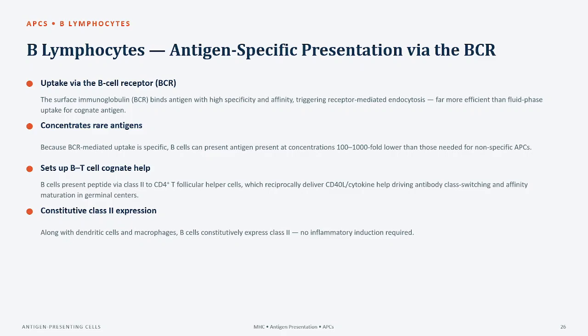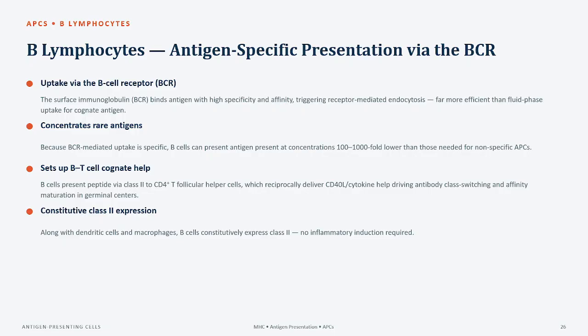It also concentrates rare antigens. Because the B cell receptor mediated uptake is highly specific, the B cells can effectively present antigens at concentrations 100 to 1000 fold lower than what non-specific APCs require.